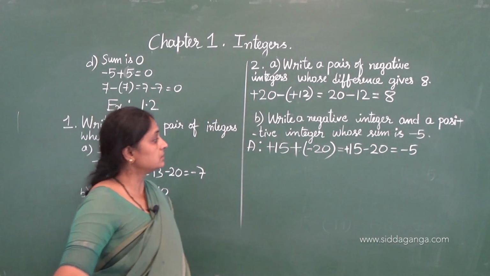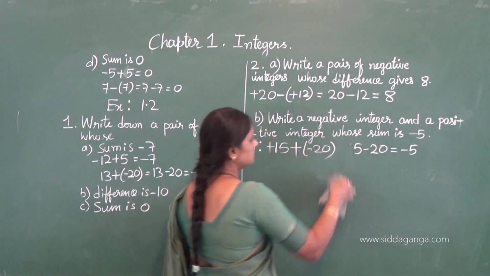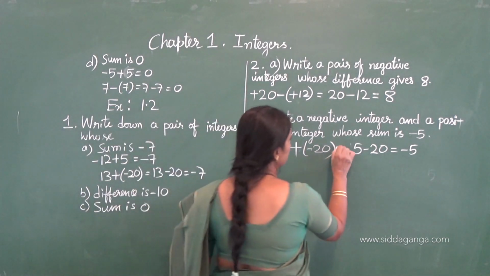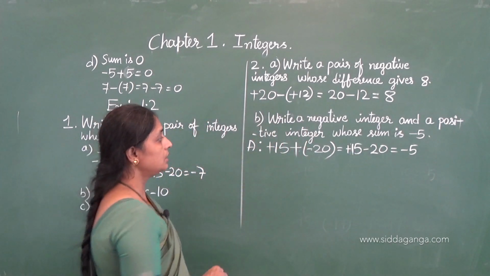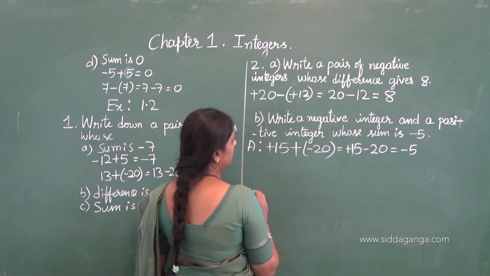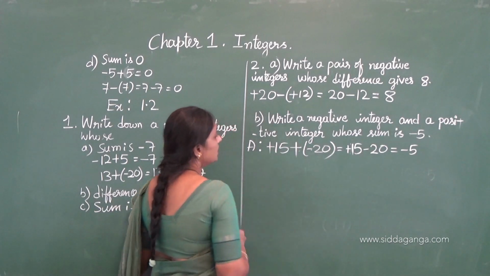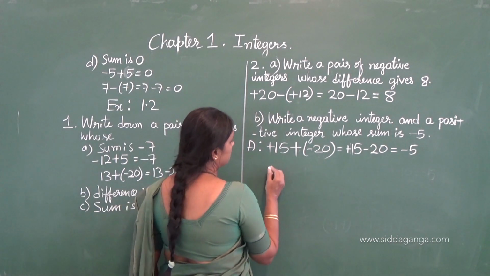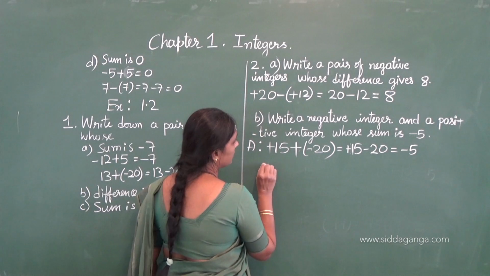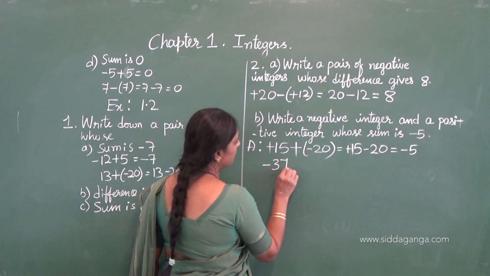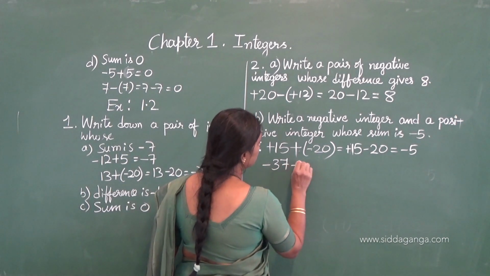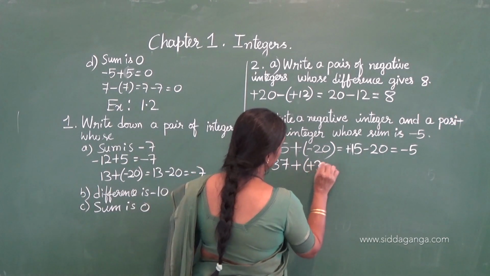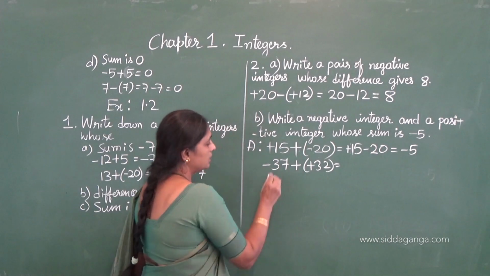So like this, and let me write down another one for you. The positive integer and negative integer, this sum should be minus 5. Take minus 37 plus of plus 32, what do we get?